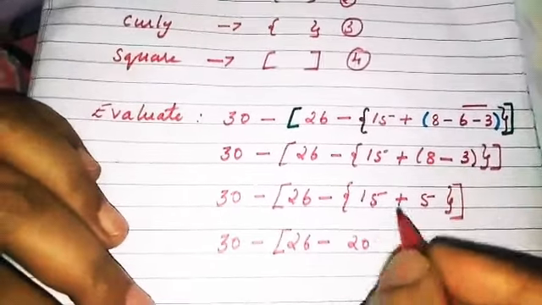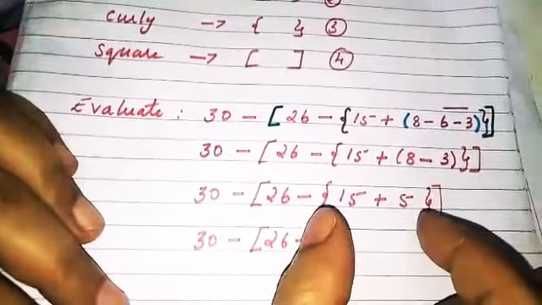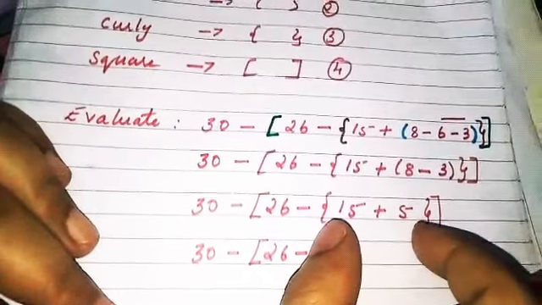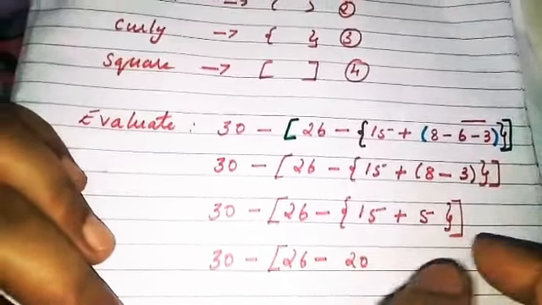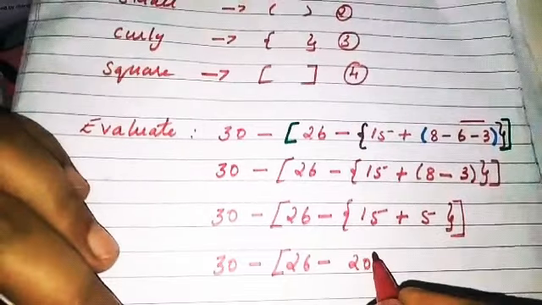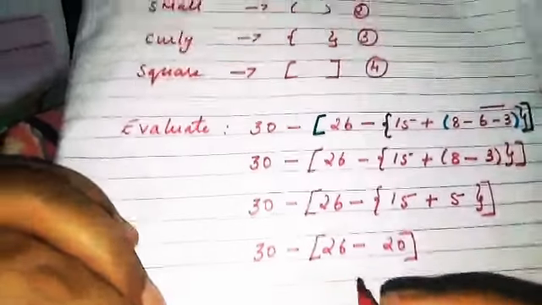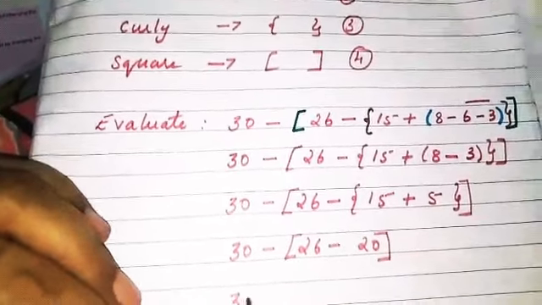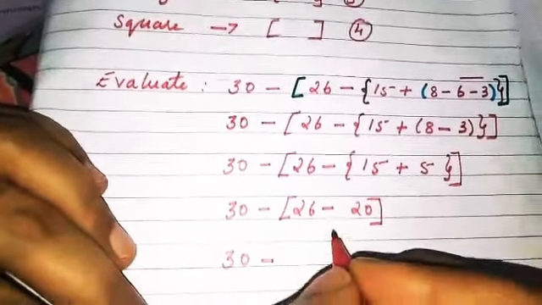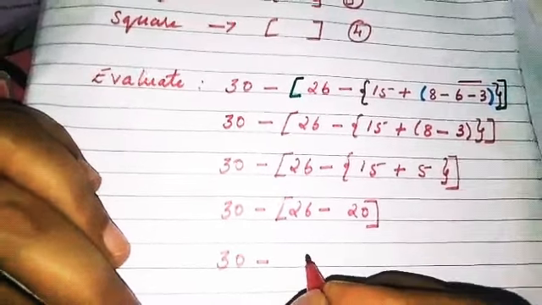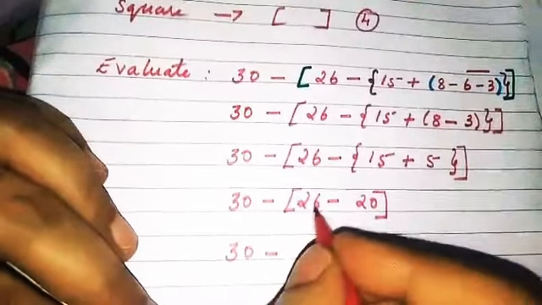So we've simplified the expression given inside this bracket and inside all the other brackets, and now we just have the square bracket left, which we need to remove. So 26 minus 20 gives us 6. So this bracket is also simplified.